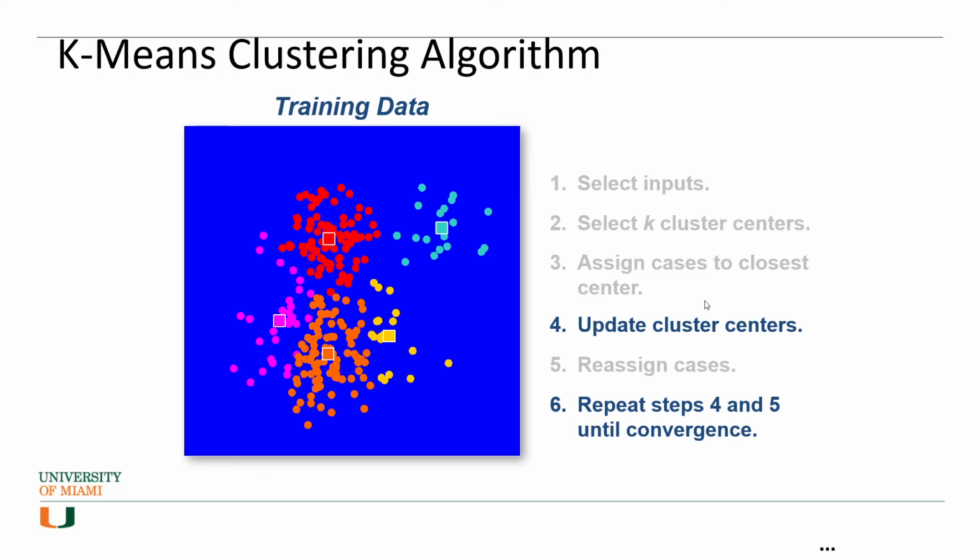So once we move these centers again, then we're going to reassign the cases again, following the same logic that, look, now that we have moved the yellow center to here, this particular orange observation is then going to be closer to the yellow center than the previous orange center, and therefore they have to be reassigned.